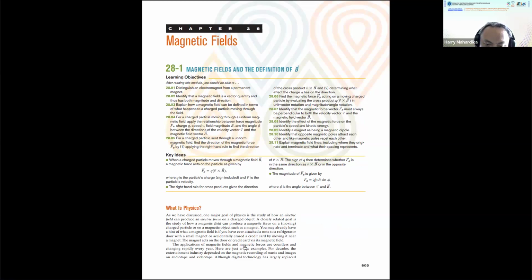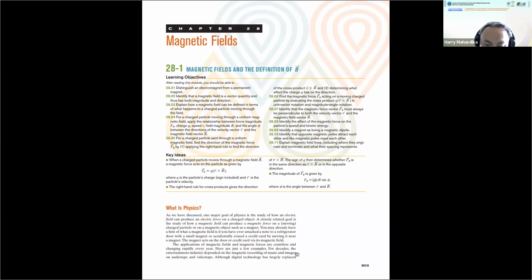The applications of magnetic fields and magnetic forces are countless and changing rapidly every year. The use of Wi-Fi signals is another type of magnetic field application in our daily life. Here are just a few examples.